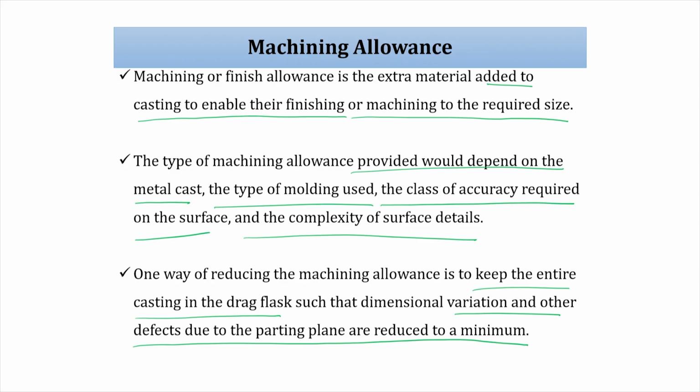At the parting plane, misalignment can happen. But this is not very feasible, because our shape is not always very simple, and a single piece pattern is very difficult to make, so there is very little chance to do it. But if you have only a single pattern, try to keep it in the drag, so mismatch and these things become minimum.